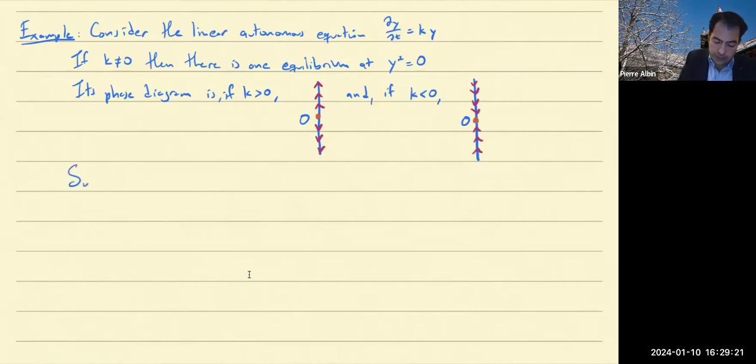So its equilibrium is unstable for k positive and stable for k negative.